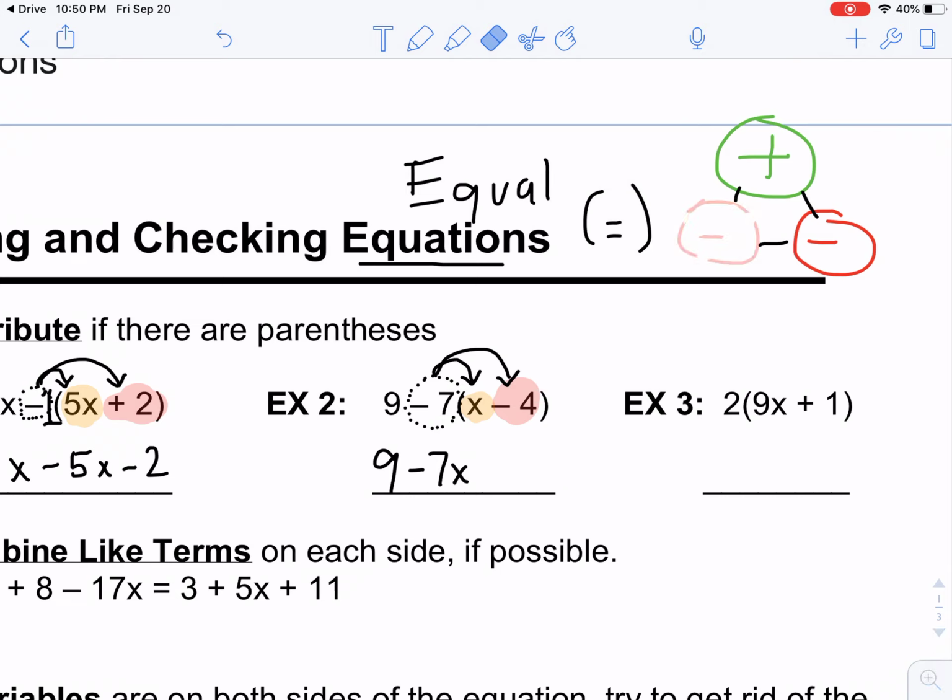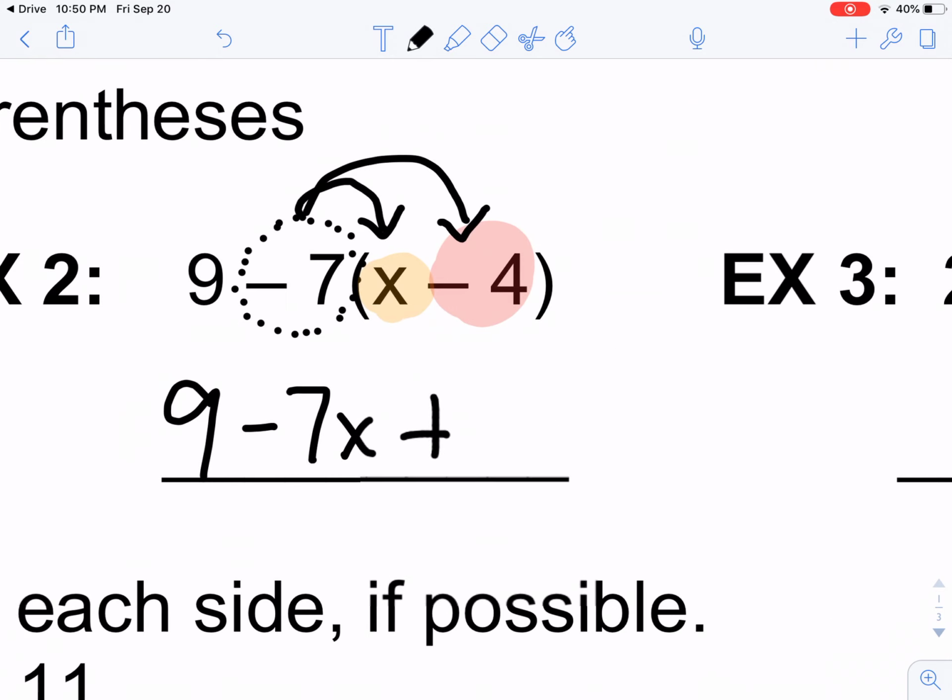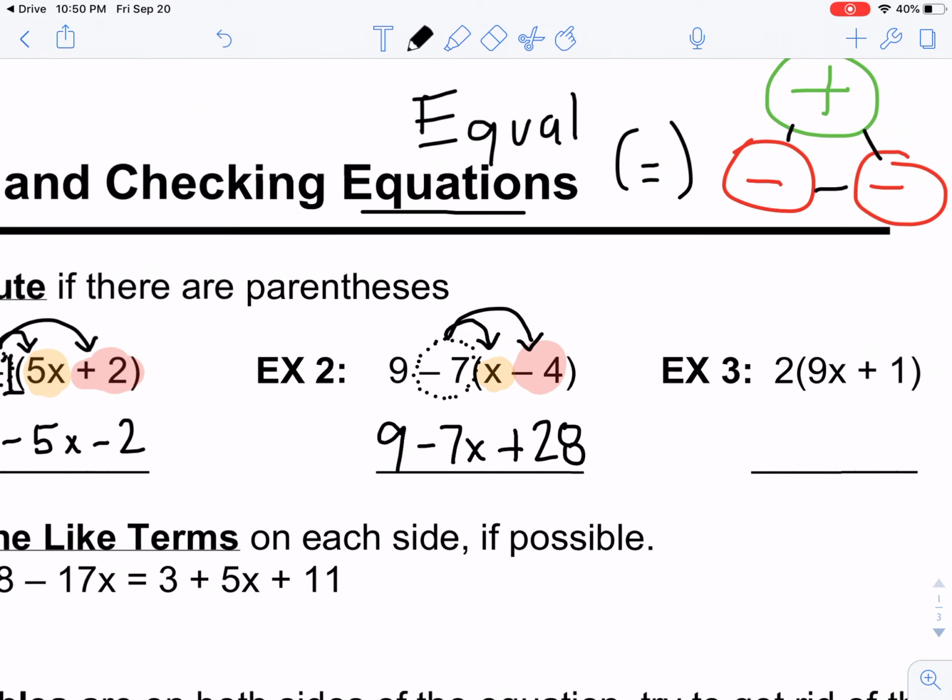I'm going to erase the two negatives. What am I left with? That's right, a positive. So we are going to have plus, and 7 times 4 is 28. Okay.